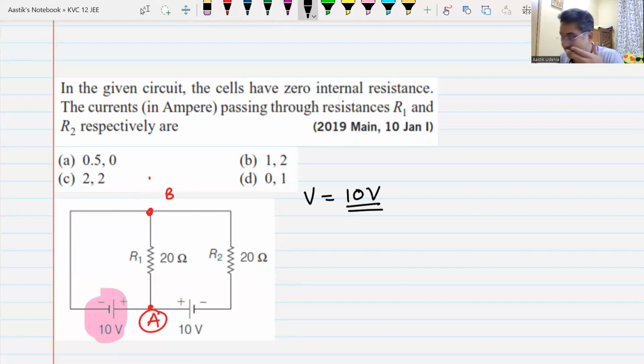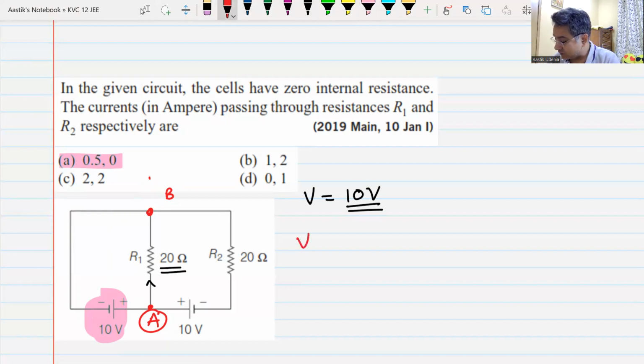Now, once you know the value of V, you can easily calculate the current in this branch. V divided by R, 0.5. Only the option with 0.5 is option A, and that is your answer. You could also find out the current in the other branch. How do I do it?